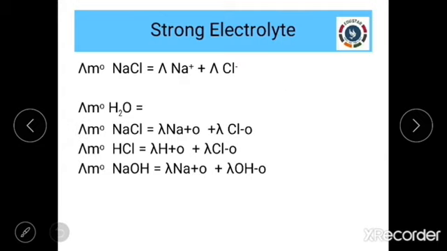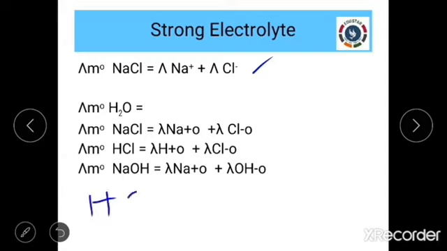So the limiting molar conductivity for NaCl can be written as the limiting molar conductivity of Na+ and the molar conductivity of Cl-. Now coming to the limiting molar conductivity of water, we can write this in terms of three or more electrolytes. Here, how do we have to write this?